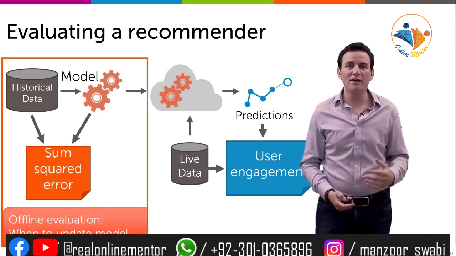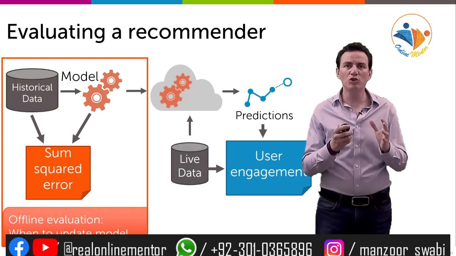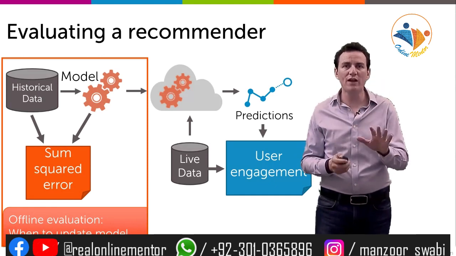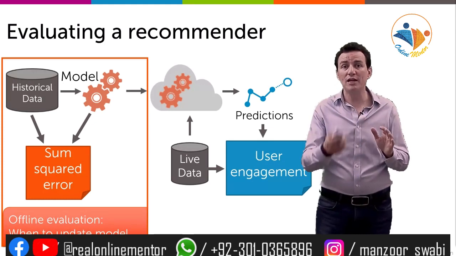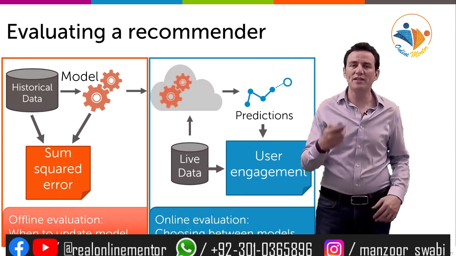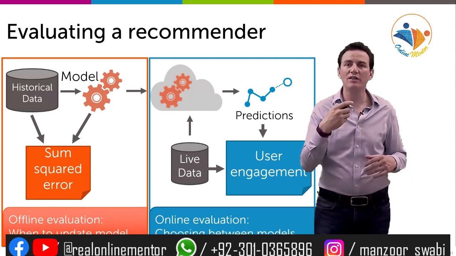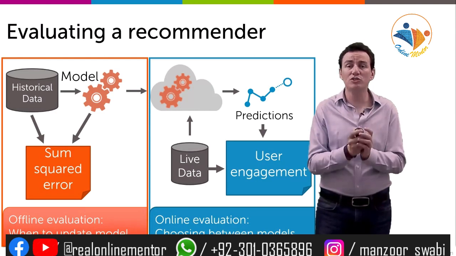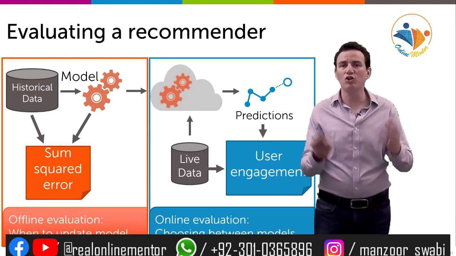So the sum squared error and other offline training metrics are really about optimizing the model offline and figuring out whether a model is good and perhaps whether it can be updated. The online metrics, let's say who's buying, the usage metrics, how these are changing, the bottom line for my business, are really about choosing whether the old model is better than the new model I've created.